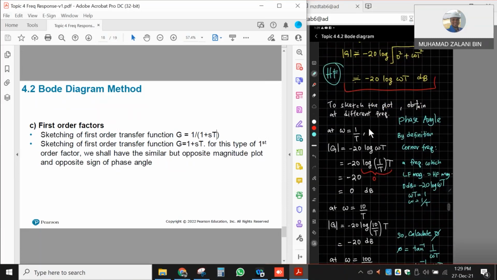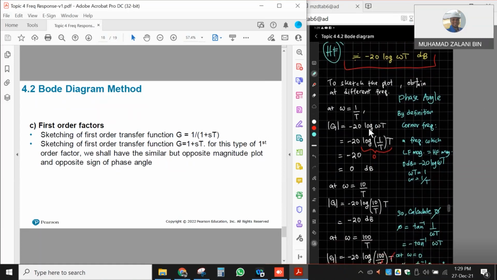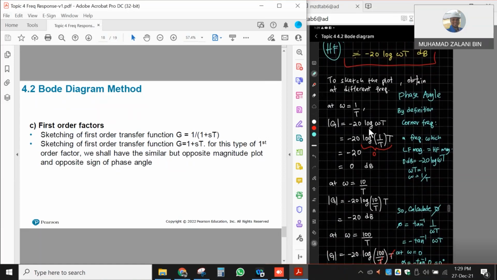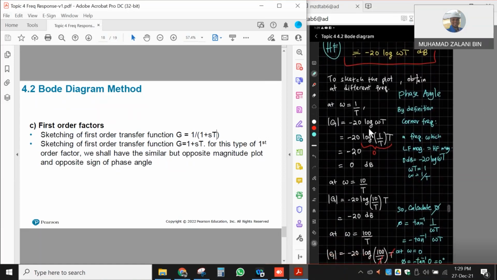To sketch the plot, we should obtain the magnitude at different frequencies. Let's say the frequency is 1 over t.